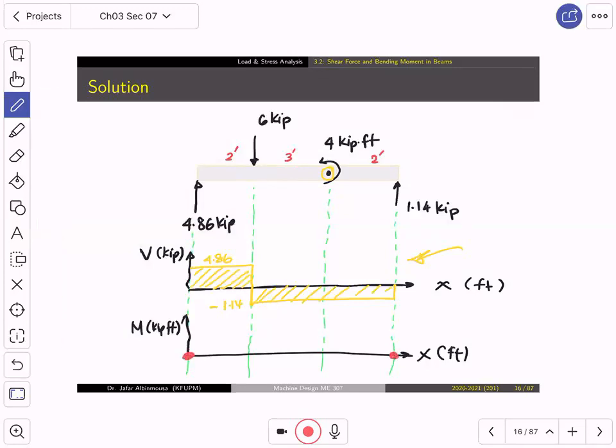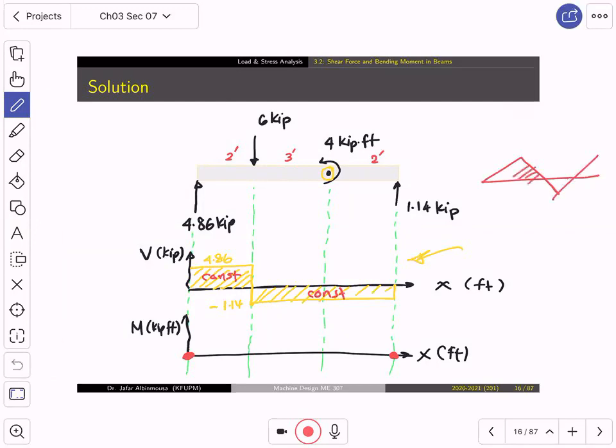No doubt about it. Now, all we need to do is look. Since this area is constant, why? Rectangle. And this one is also constant, it simply means the bending moment diagram will consist of straight lines.